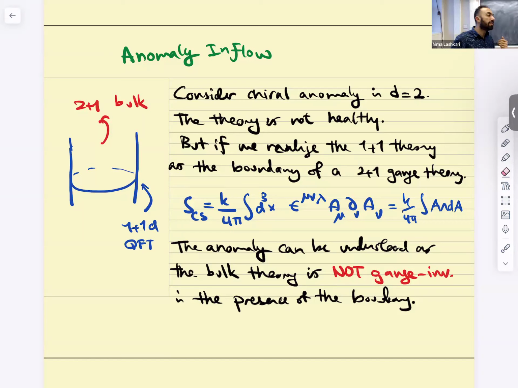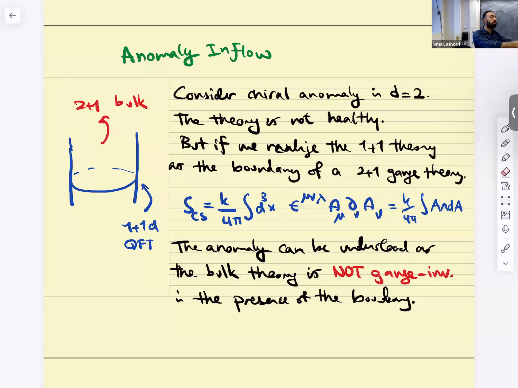There is a notion called anomaly inflow. So for simplicity, take QED2. Massless QED had a chiral anomaly in 2 dimensions. Take that theory. The theory is not healthy, but we're going to consider it as the boundary of a 2 plus 1 dimensional theory, the bulk theory.